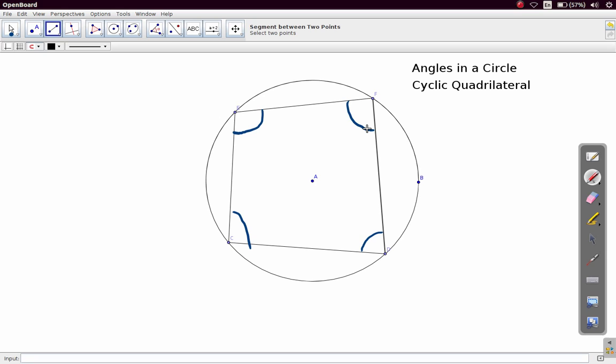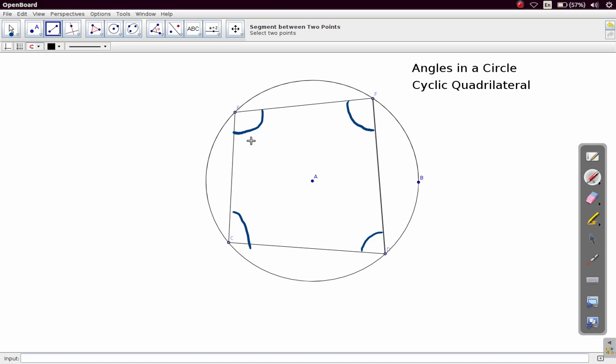Now, the cyclic quadrilateral. In this, the opposite angles of a cyclic quadrilateral are supplementary. That means they add up to 180 degrees.